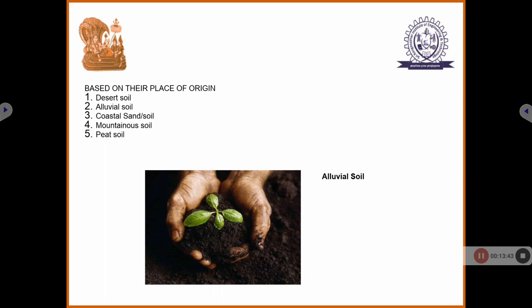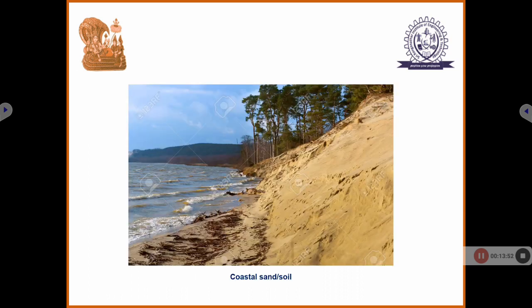Alluvial soil has the appearance of black loam. Coastal sand soil is found wherever there is stagnant water or a bank of water; the soil present on the sides is known as coastal sand soil.